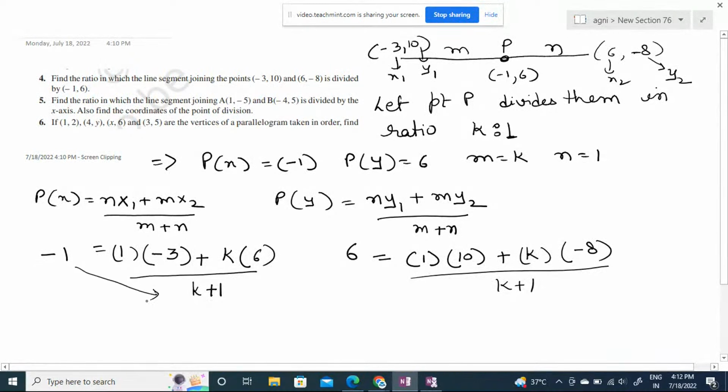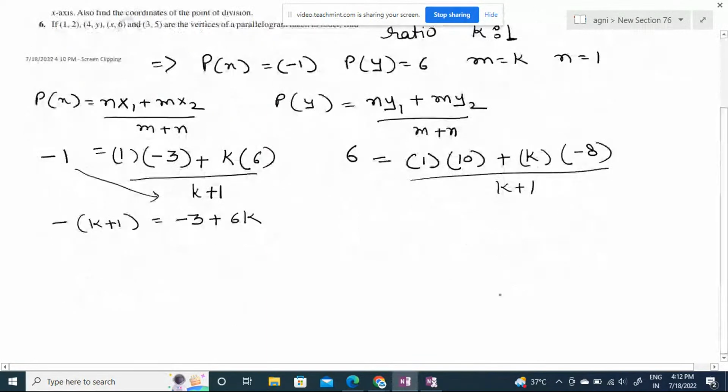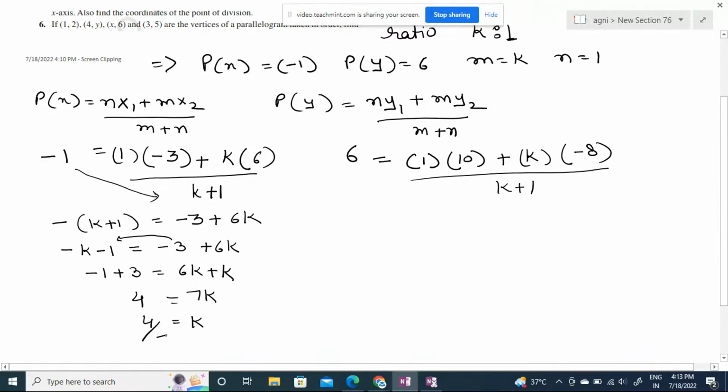So when we multiply, it becomes -k - 1 equals -3 plus 6k. We bring over here -1 plus 3, 6k plus k. It becomes 7k is equal to 4. So the value of k is 4/7.